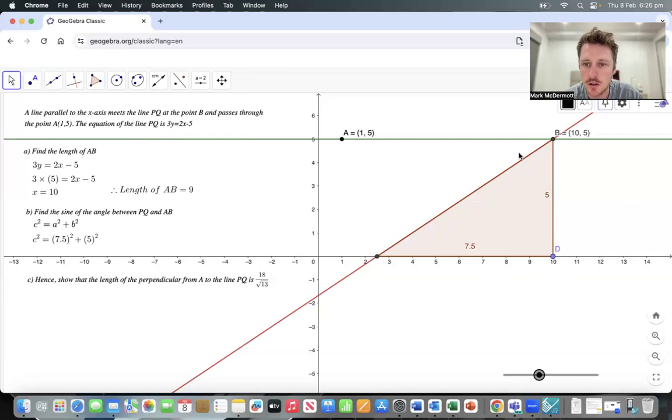Okay, what we need now in order to work out this angle in here, which is equivalent to this angle, is the length of the hypotenuse. So we're just going to apply some Pythagoras. We know that c squared equals a squared plus b squared. So c squared equals 7.5 squared plus 5 squared. You'll see that what that actually becomes is 5 root 13 on 2. Now that probably seems a bit out of nowhere, so we'll use our calculator and see where that comes from.